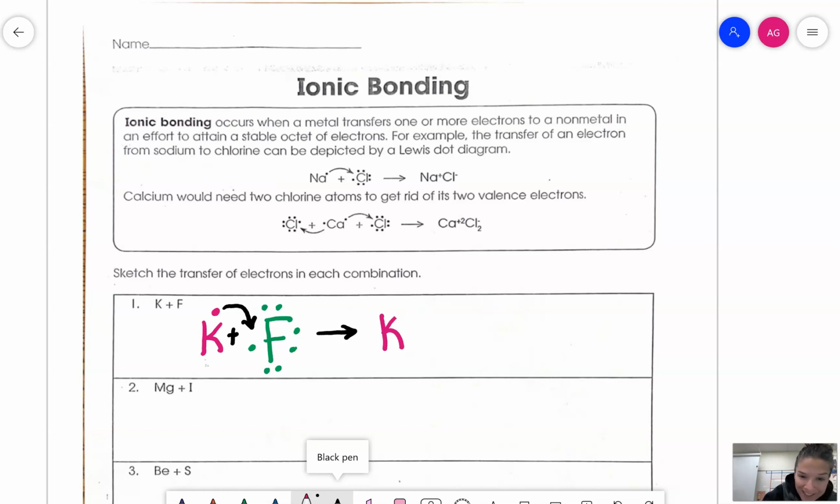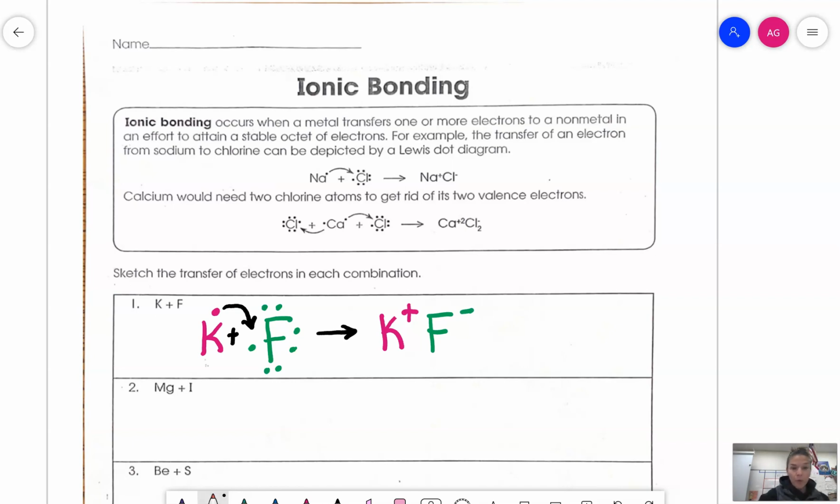This has been a hot minute since I've done Google Meet and screencast teaching, so bear with me. So there we have the potassium with the positive charge, and since the fluorine took on another electron, that means it's taking on a negative charge, and that would give fluorine the negative charge. And again, it's the difference in those charges that are keeping them together in the compound.